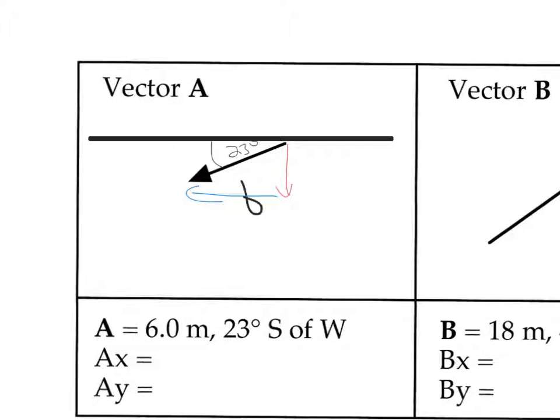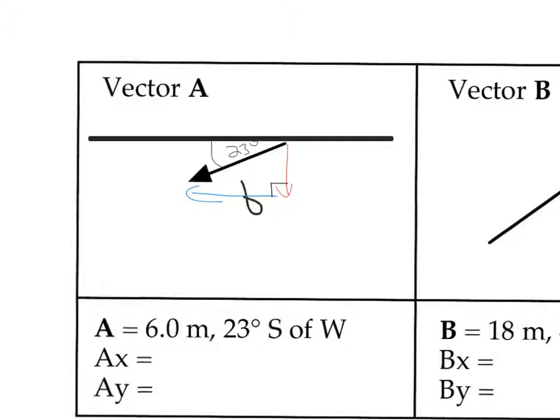Let's first label some stuff in our triangle. We have the right angle here. We know this side of the triangle is the hypotenuse, and it is 6 meters long. I also, since I know this angle is 23, this angle here will be 90 minus 23.